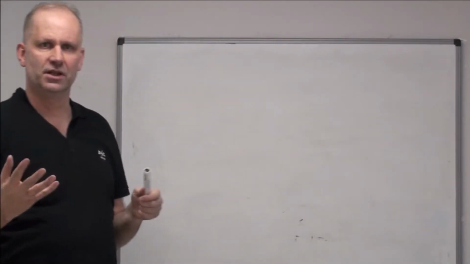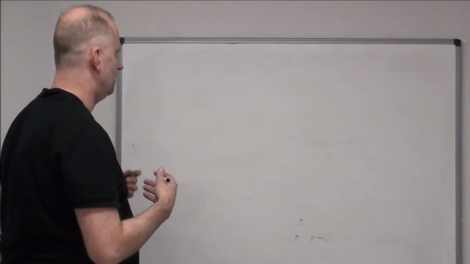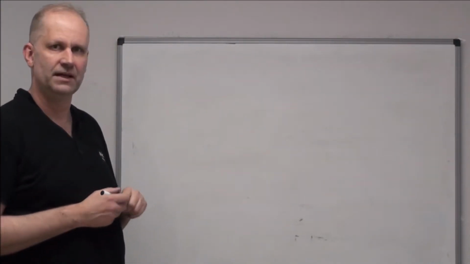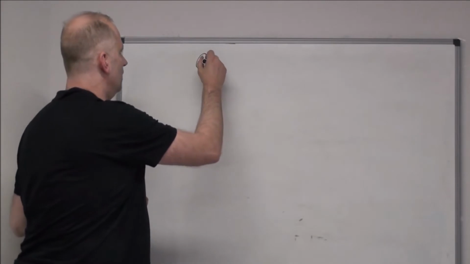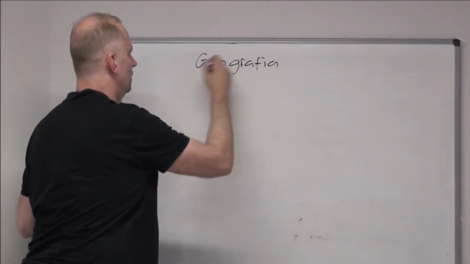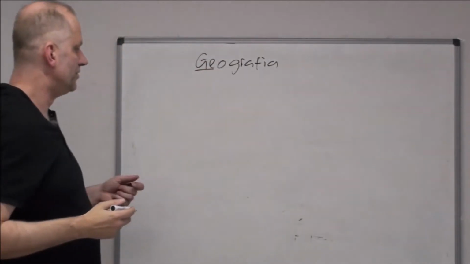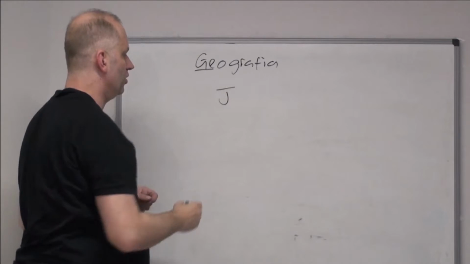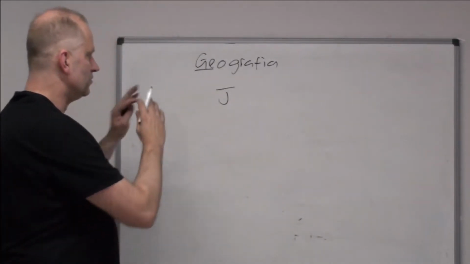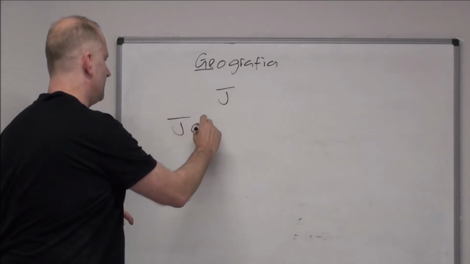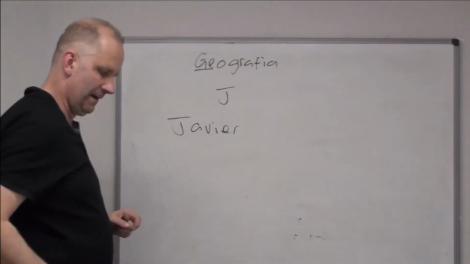In Spanish it's used a lot, and we've already seen it with G followed by an E or an I, like geografía. But it's also used with the letter J, which in Spanish is jota. So it's always that sound. So Javier, the name Javier.